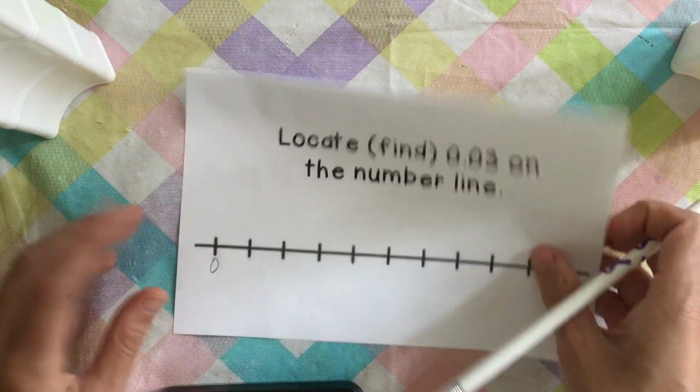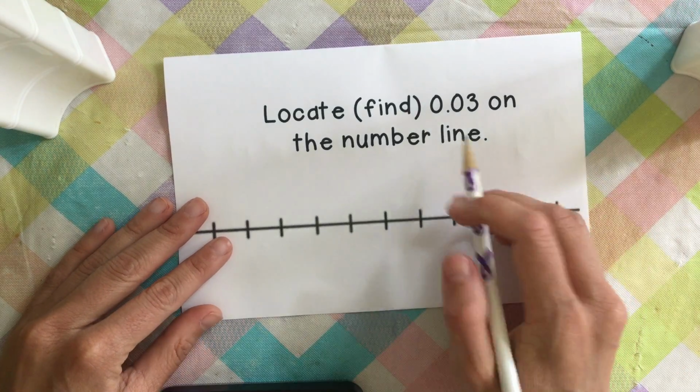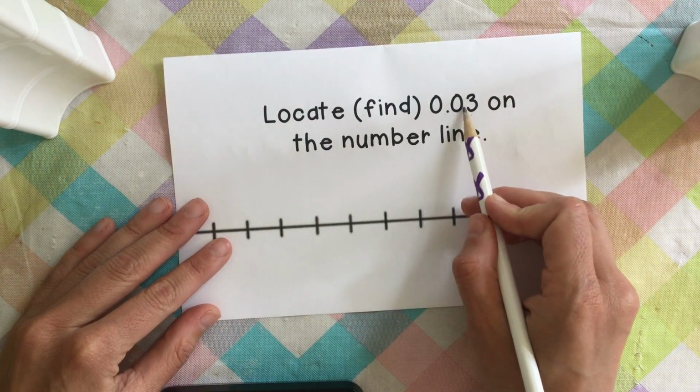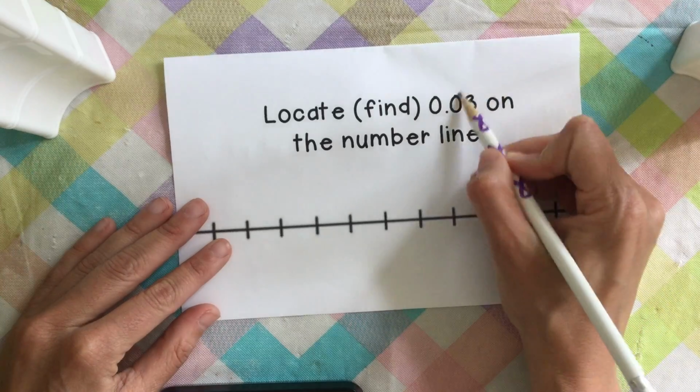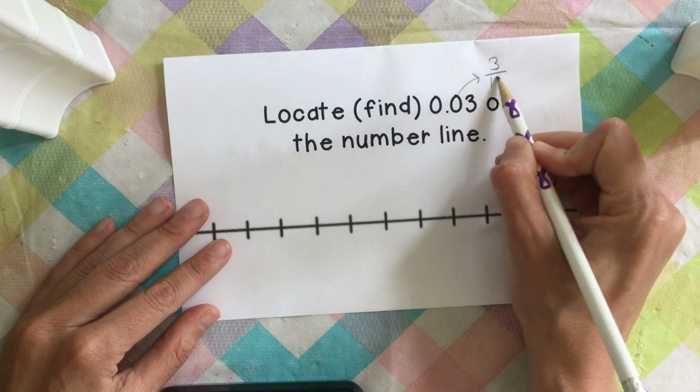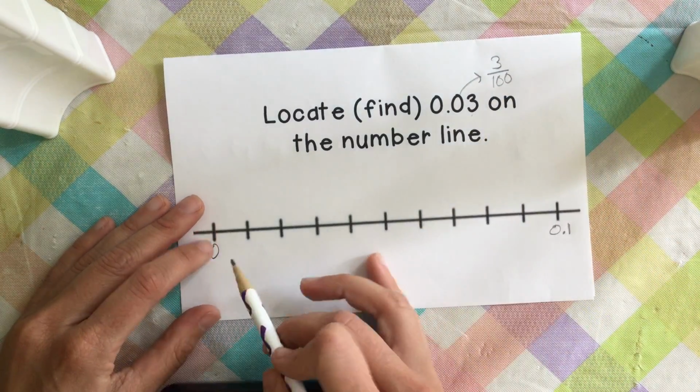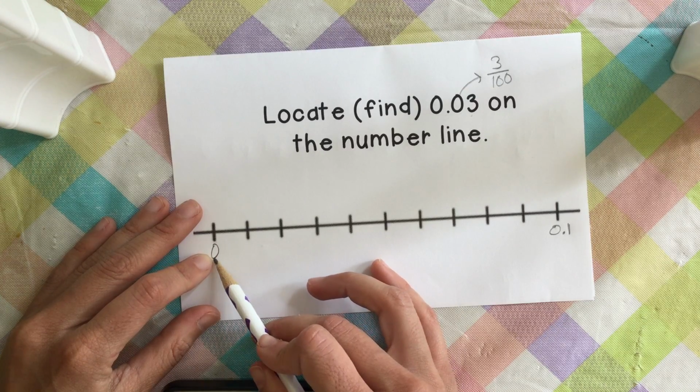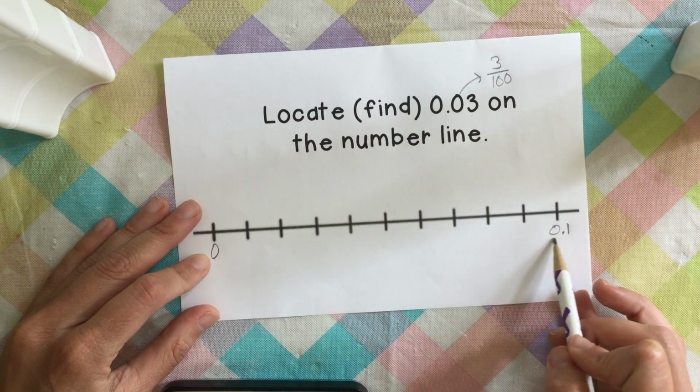And then last example, if you're asked to locate 0.03, remember this is tenths and hundredths, this is 3/100ths. You're going from 0 to 0.1 only, right?